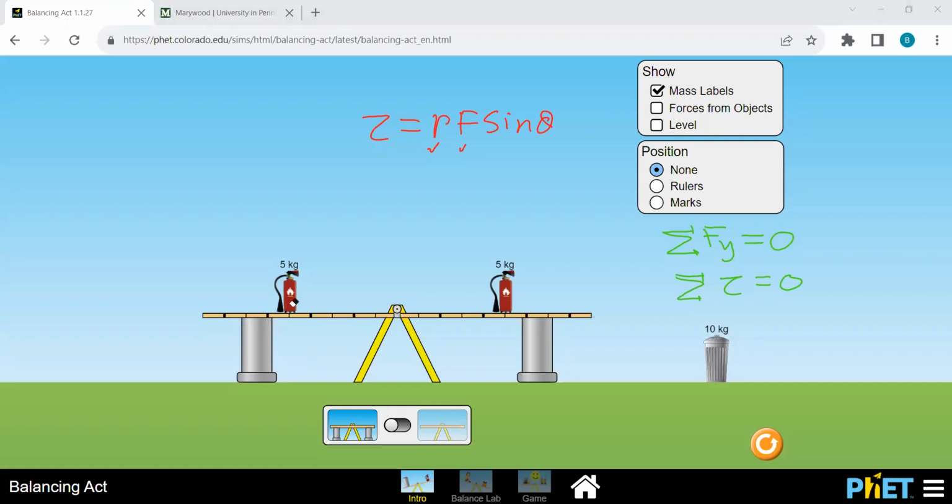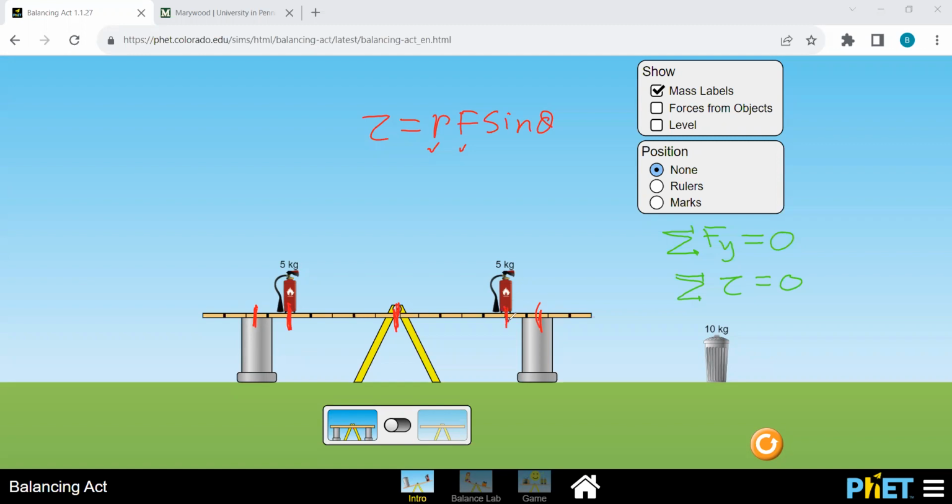So now how do we determine the tau? Here you have the choice. You can choose any point on the board as your axis of rotation. You can choose this point, this point, or this point. Any point.